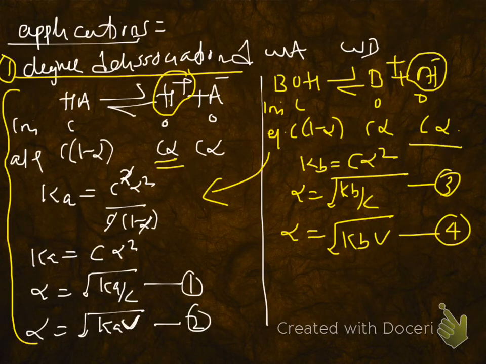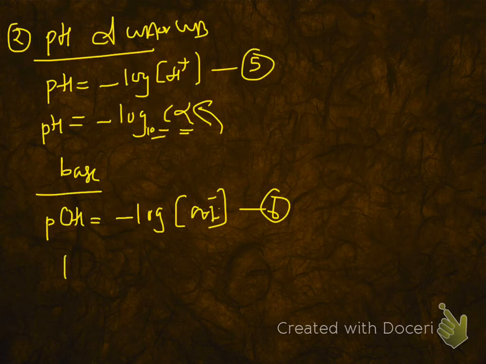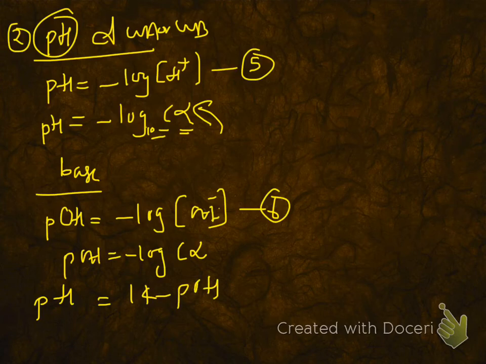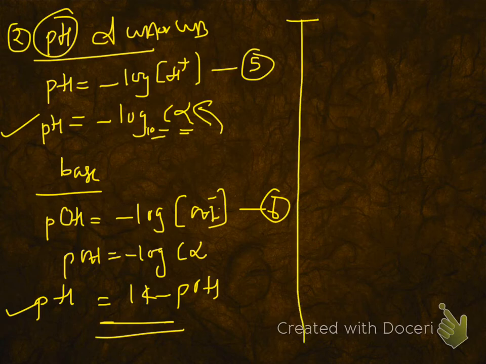That is also C alpha. Then pOH equal to negative logarithm of C alpha. But we have to find pH. pH is 14 minus pOH. This way we can calculate pH of a base, while for an acid we directly get the pH. These are the second application of Ostwald dilution law.